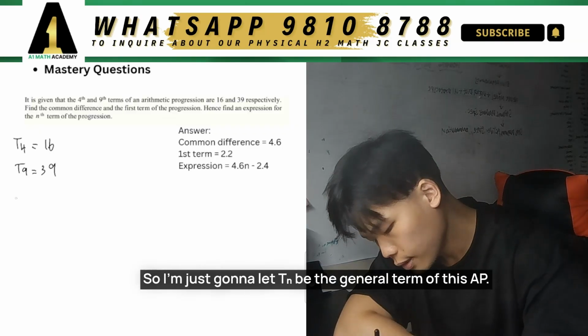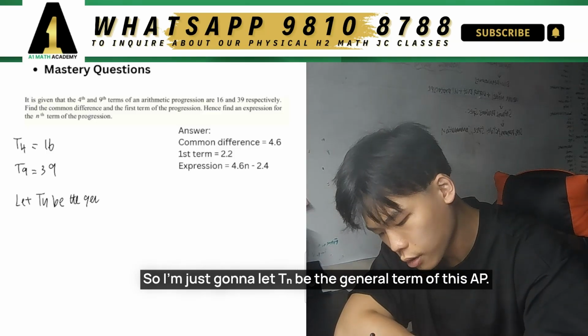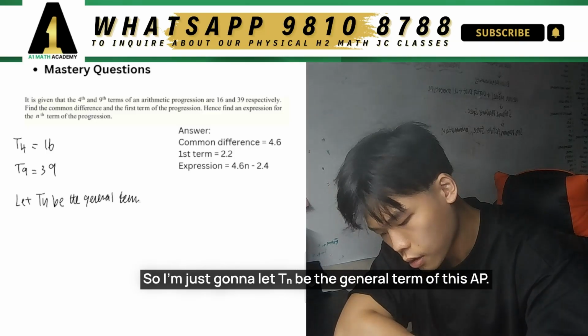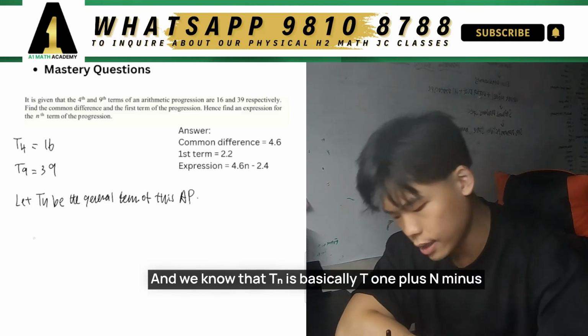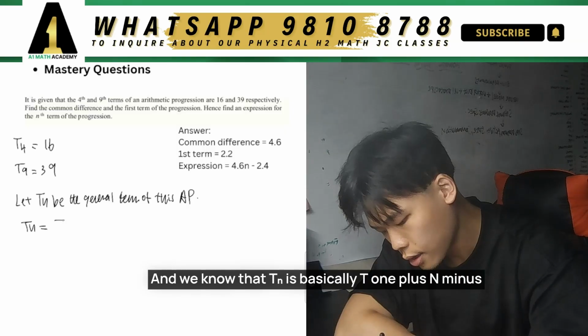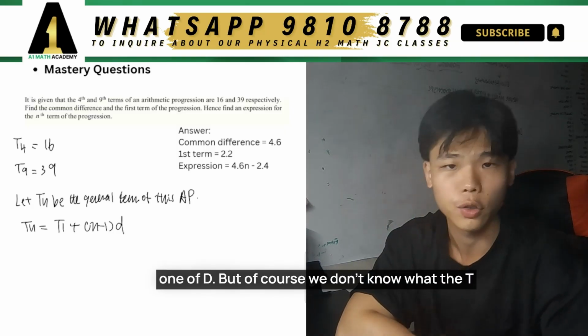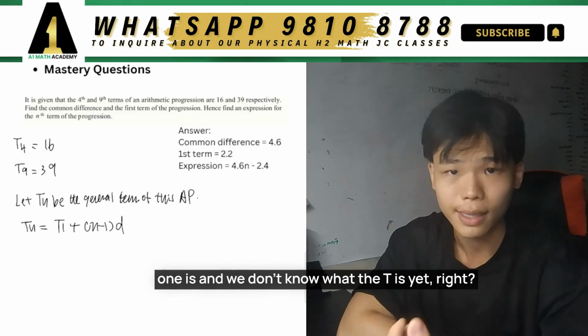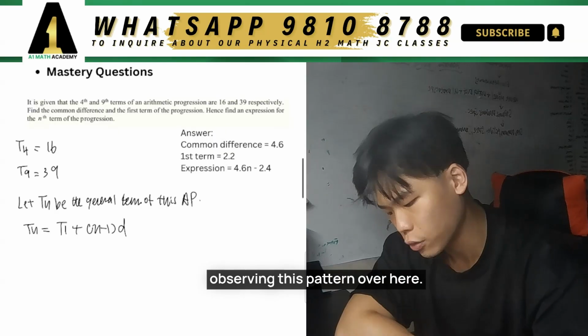So I'm just going to let Tn be the general term of this AP, right? And we know that Tn is basically T1 plus n minus 1 of D, right? But of course, we don't know what the T1 is and we don't know what the D is yet, right? But we can definitely find it out by observing this pattern over here.